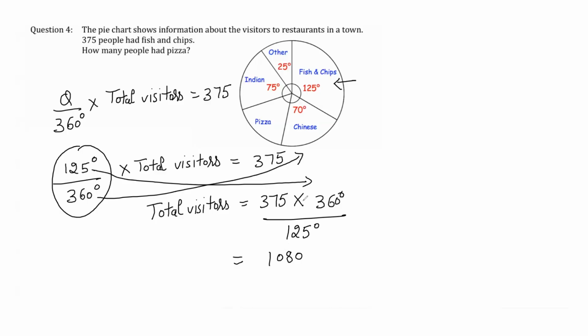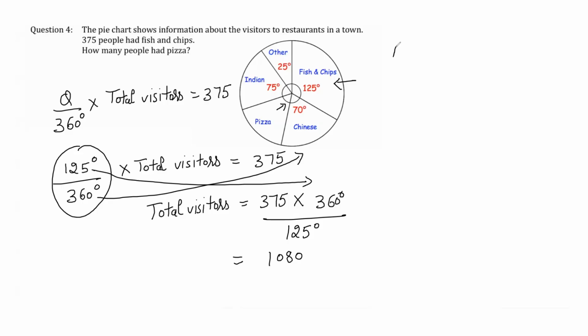Now we have to find out how many people had pizza. We have to calculate the angle for that. If you see, this is a full circle and one part of the circle is missing, whose angle we don't know. So what we have to do is add all these angles and then subtract it from 360 degree.